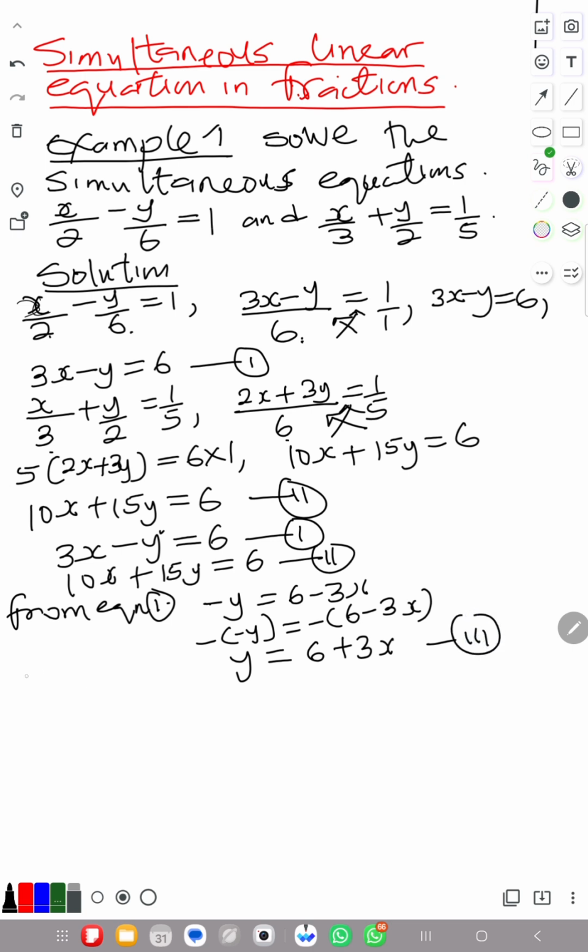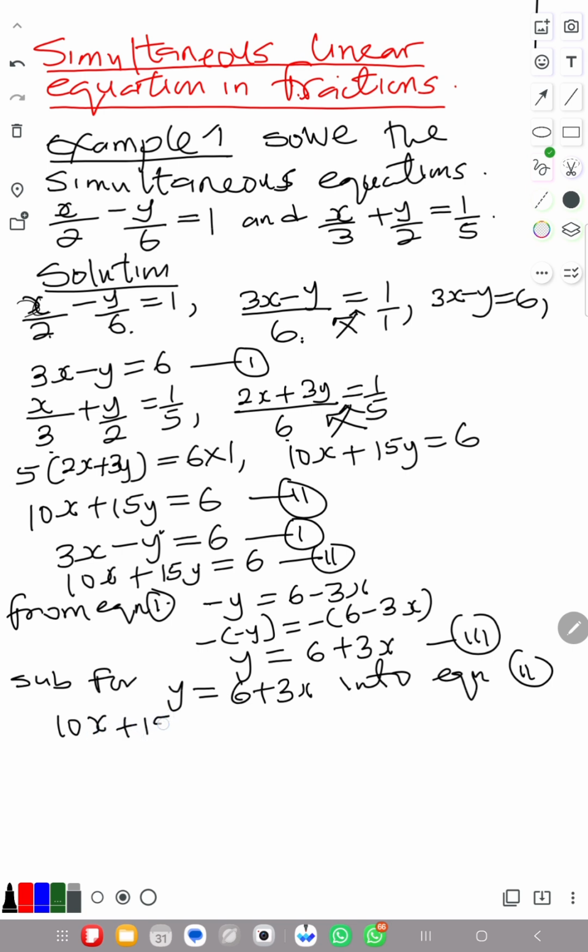I will now substitute y is equal to 6 plus 3x into equation 2. Definitely you are not going to use equation 1 again, because if you replace this in equation 1, you are still going to get the original equation 1. So you will use equation 2. Equation 2 is 10x plus 15y is equal to 6.